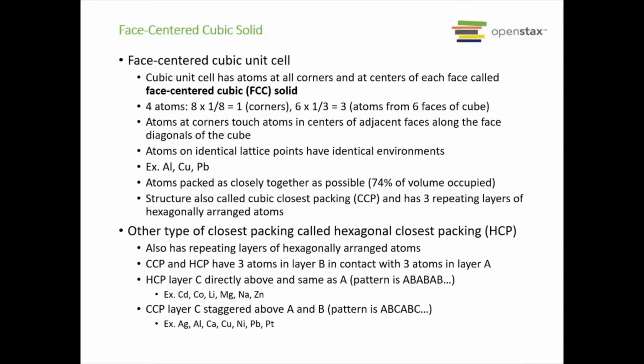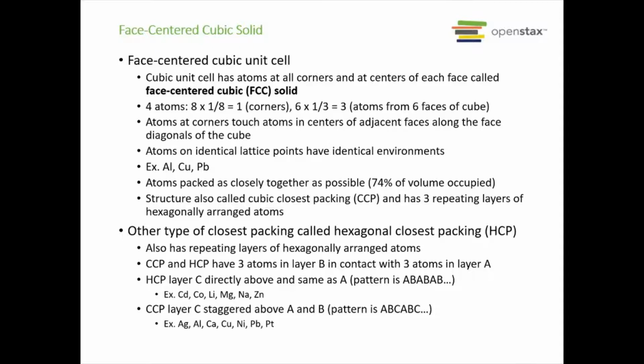So the next type is the face-centered cubic unit, or cubic solid, FCC. So this has atoms at all corners and at the center of each face. So these have actually a total of 4 atoms. So we start with our 8 times 1/8, giving us 1 atom from all the corners. And then we have 6 faces to our cubic unit cell.